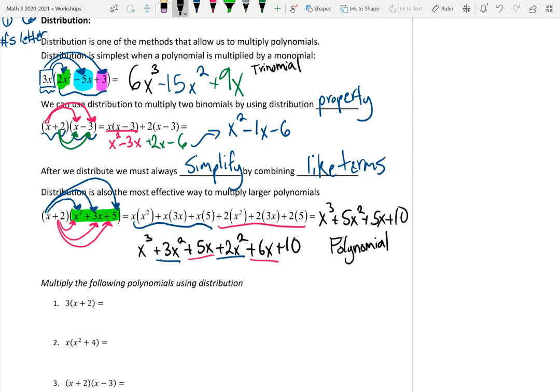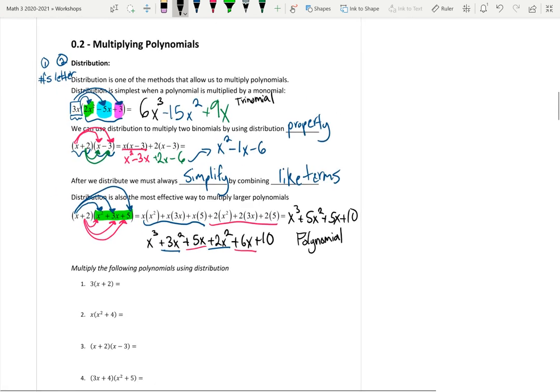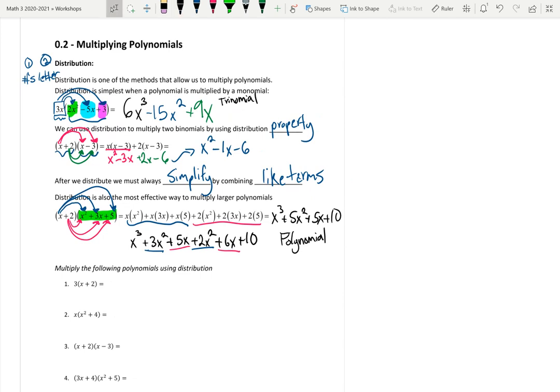Now, I want to go ahead and just model the same process, except I'm going to use an area model. So let's go ahead and go to the right. I'm going to do these same problems, 3x, and this time I'm going to multiply it by 2x squared minus 5x plus 3.